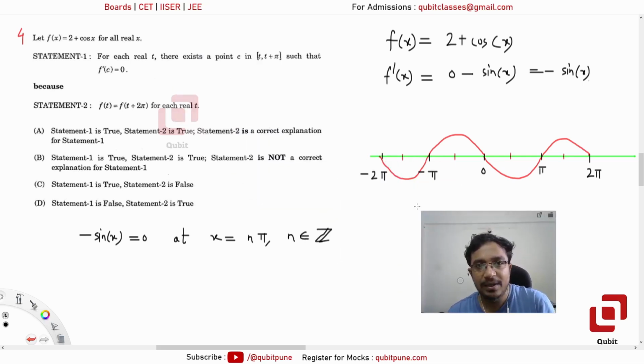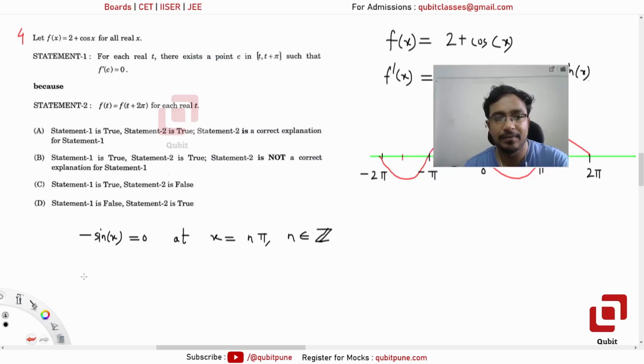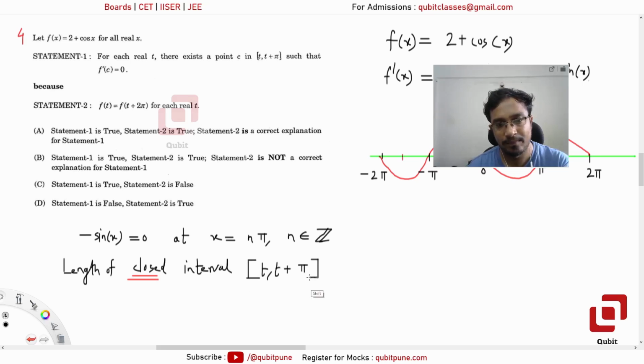Now consider the interval t to t plus pi. It's a closed interval by the way, and that's important. The length of a closed interval is the final point minus the initial point, that's pi.